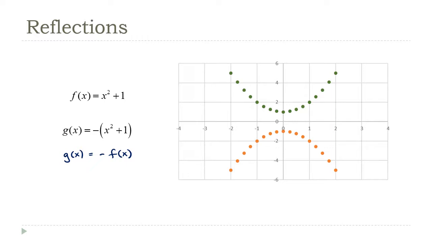All right, so you can see, I think, pretty quickly what's happening here. F of 0 is 1, where g of 0 is negative 1. So this point that was at 0, 1 is now at 0, negative 1. And if we try one more, f of 1 is 2, g of 1 is negative 2.